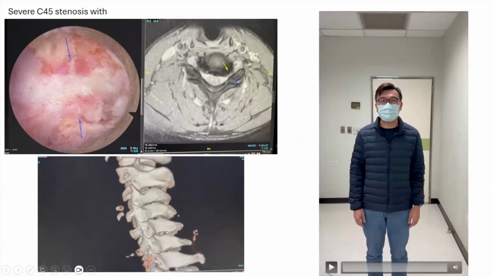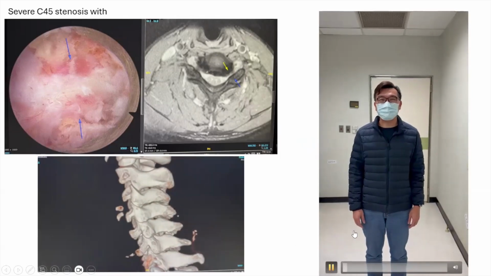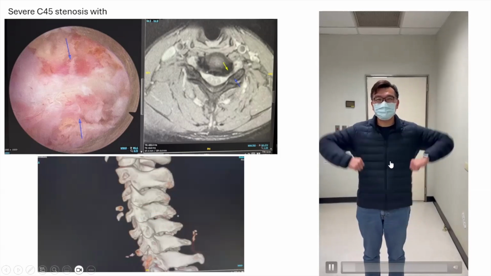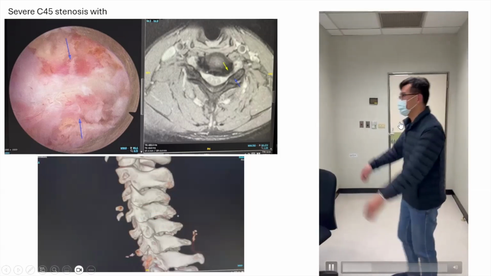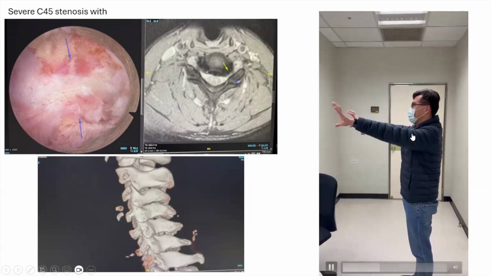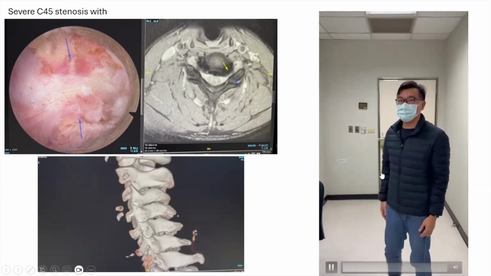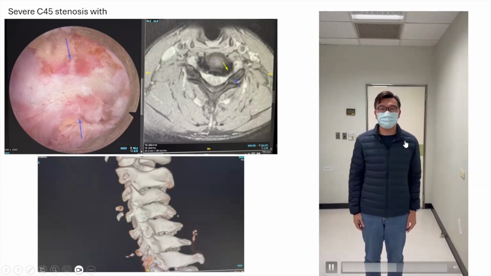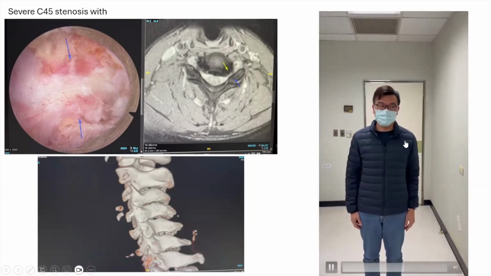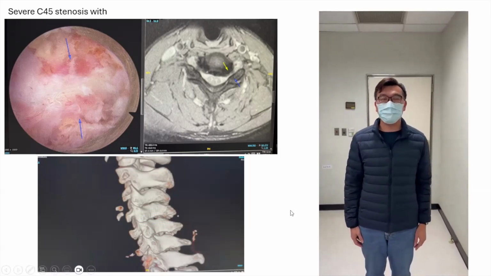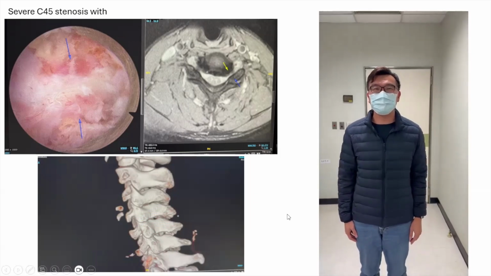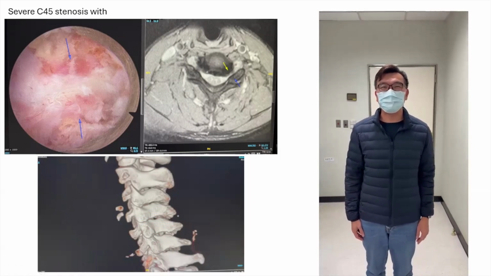Let's see the patient's result. I asked them to move first the arm, and there are no motor deficits. I also asked the patient to do neck motion, and when asked whether he has neck pain or soreness, he said nothing happened.